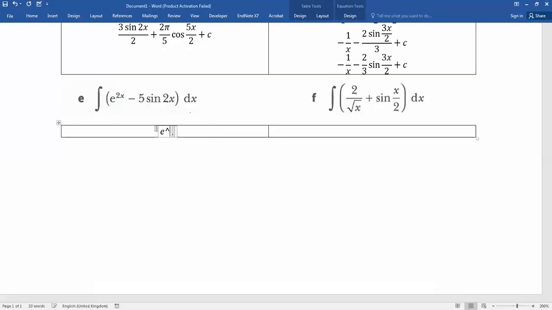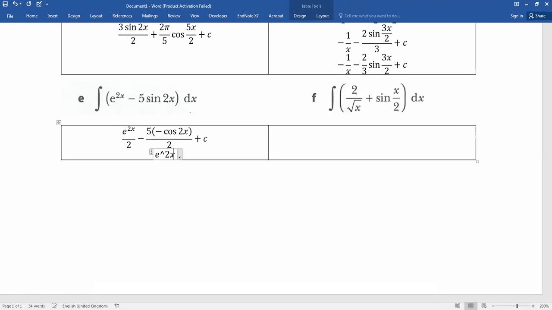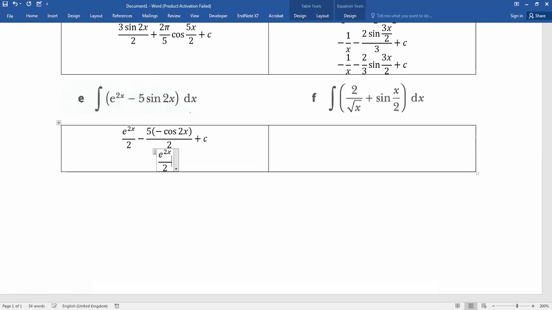So exponential integration: powers remain as they are, divided by the derivative of the power. The derivative of sine is cos, and divide by the derivative of the angle, plus 5 over 2 cos 2x plus c.